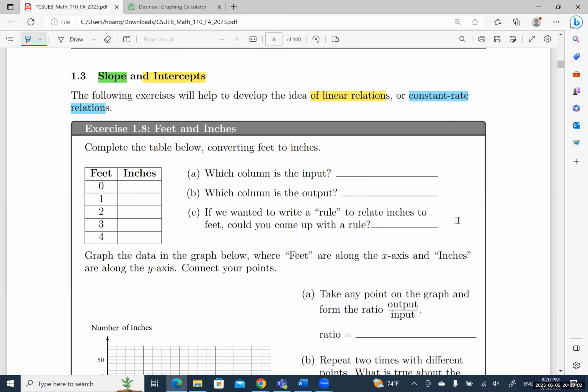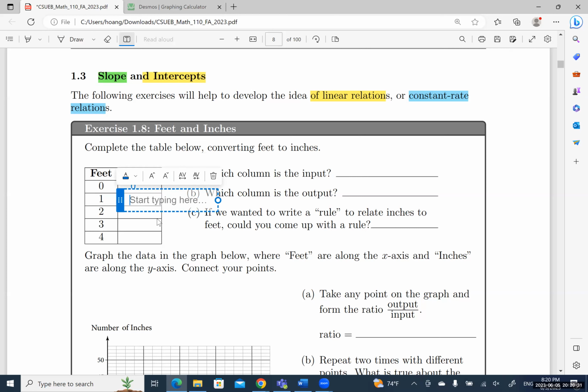Now let's come to exercise 1.8. We're going to try to complete the table below first and see what's going on. We want to convert from feet to inches, right? So I have here 0 feet is going to be 0 inches. Everyone knows that, right?